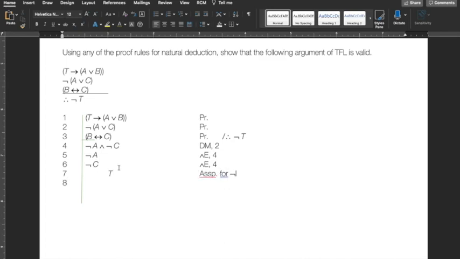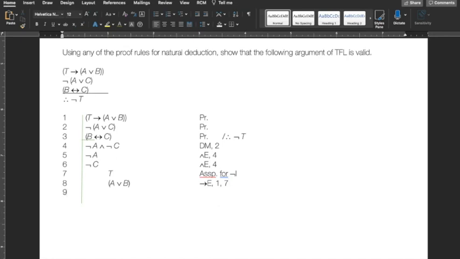With T as our assumption for negation introduction, we can now use the first of our premises. So we have the antecedent, and we can get A or B. And that's by conditional elimination from lines 1 and 7.